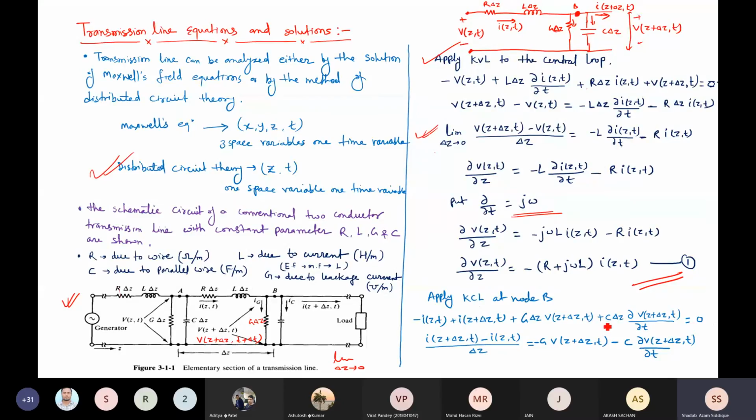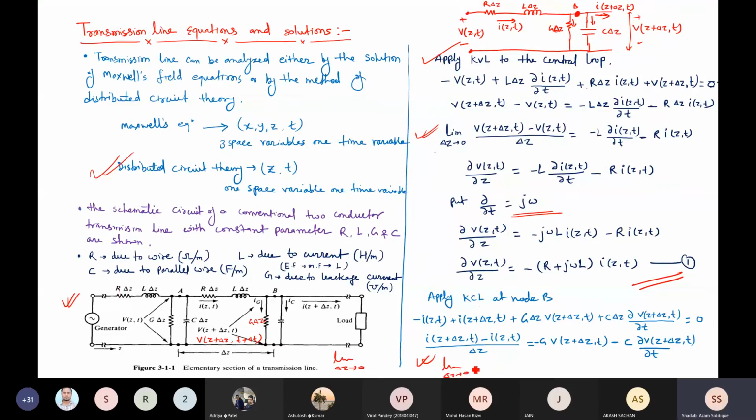Now we'll take this term on one side and these terms on the other side. I take I(z plus delta Z, t) minus I(z, t) to this side, and these two terms on the other side, and divide the whole expression on both sides by delta Z. Now we apply the limit delta Z tends to 0.